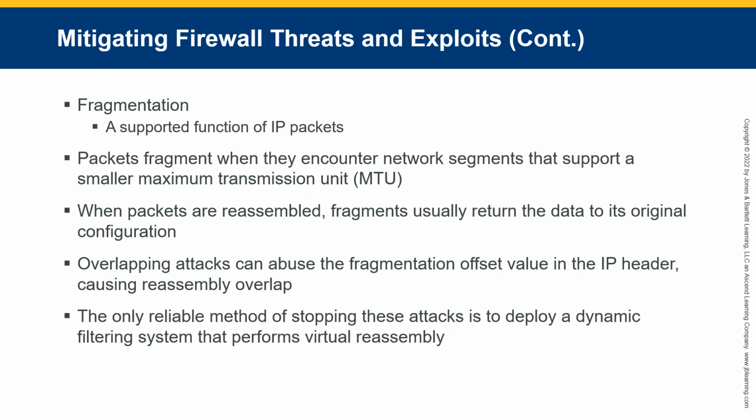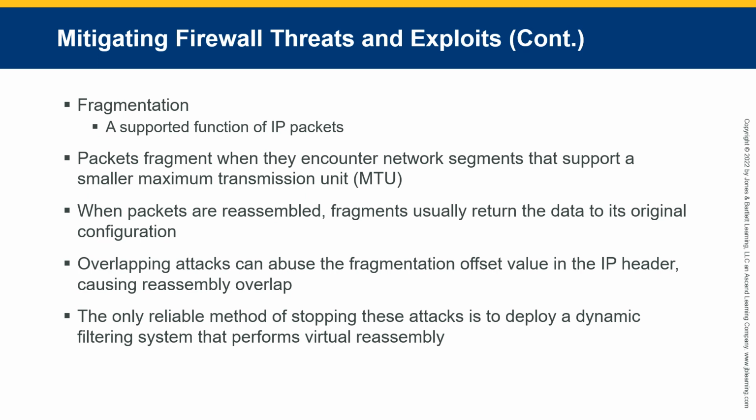So what you want to do when mitigating these threats: fragmentation is normal, it's fully supported. Packets fragment when they have a system that can only accept a smaller maximum transmission unit, and then when the packets get reassembled, usually the return data is back to its original configuration.